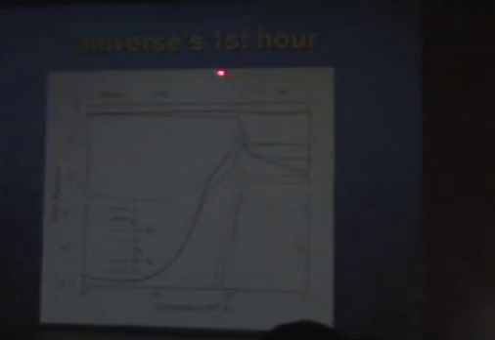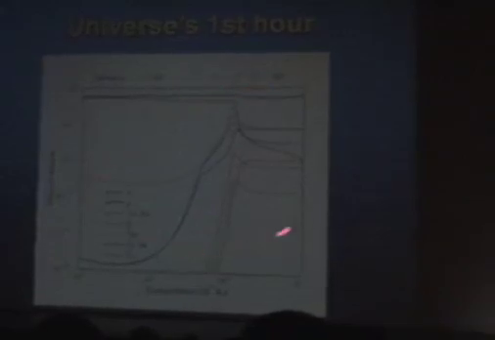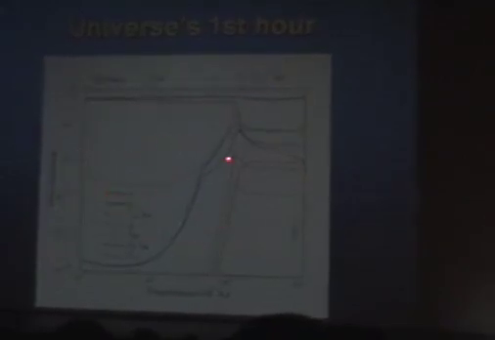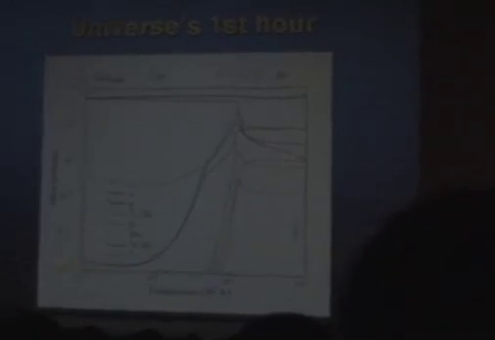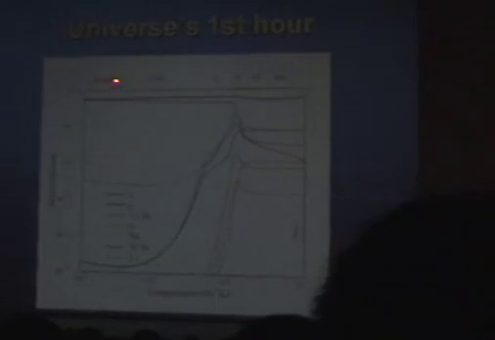Now, this is a picture taken from a Big Bang nucleosynthesis paper. I don't know if you see the curves, but I go through them rather quickly. On the horizontal axis you have temperature, so the universe cools this way, and time grows this way.